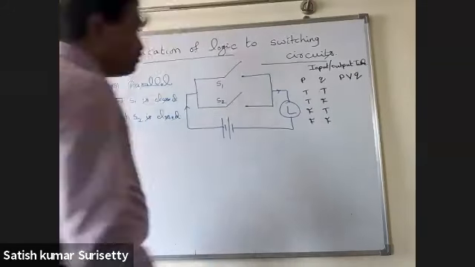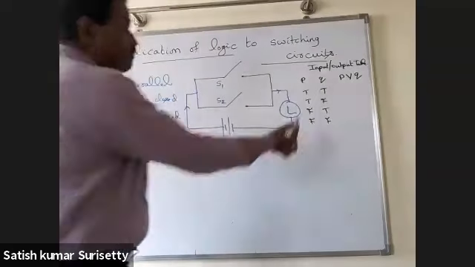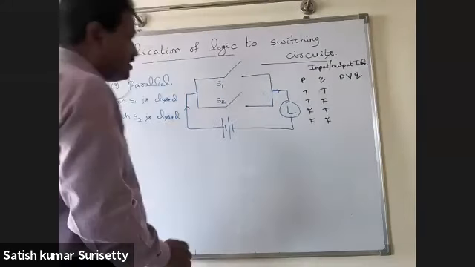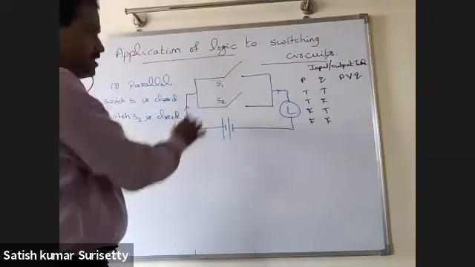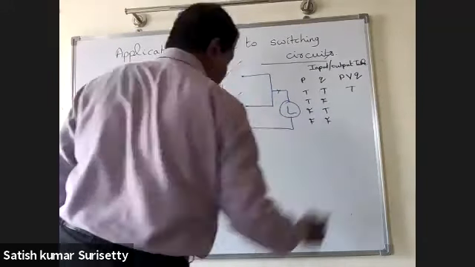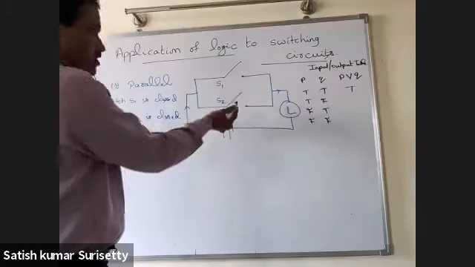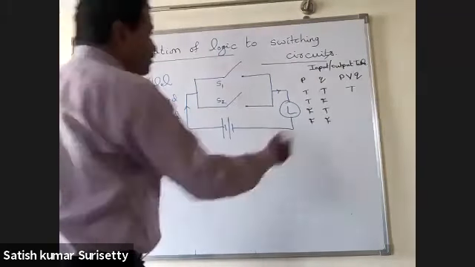Now write the input-output table. So when P is true, Q is true, means both the switches are closed, then the light will glow. That means true. Now, if the switch S1 is closed and S2 is open, still the current flows.